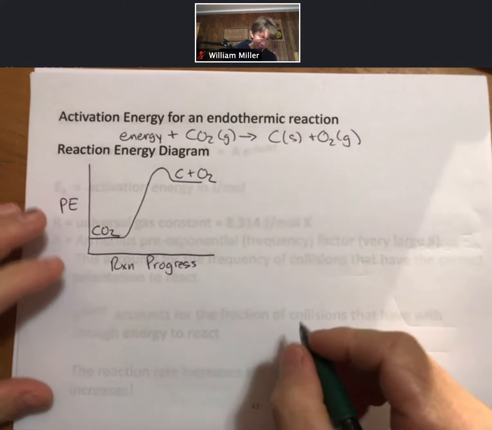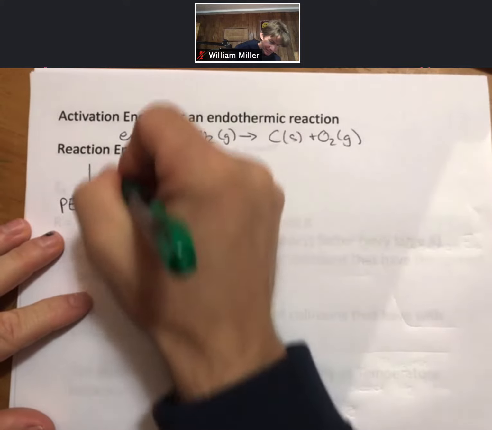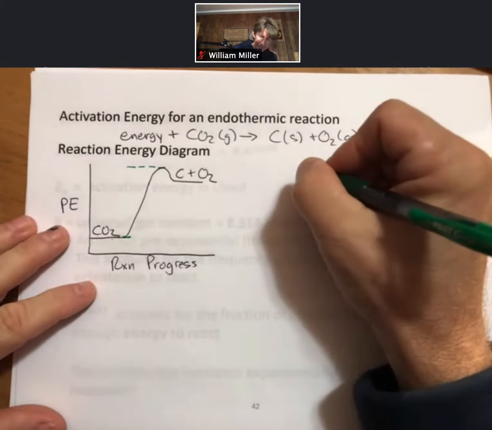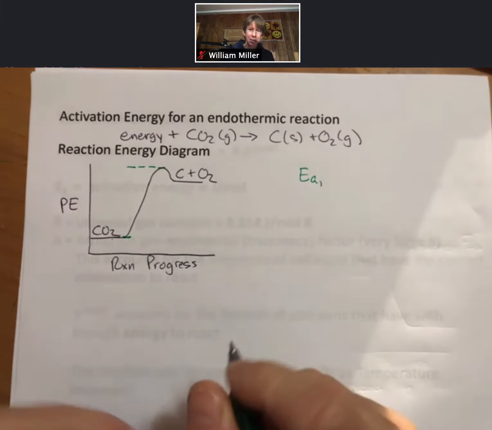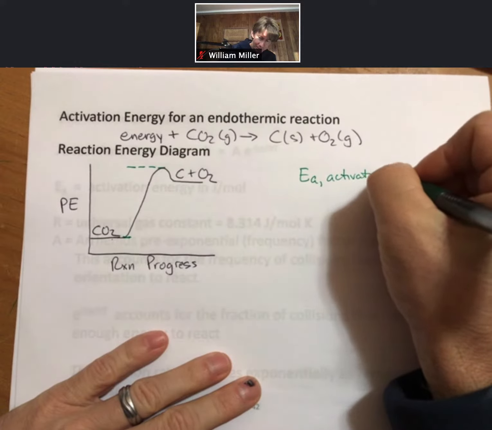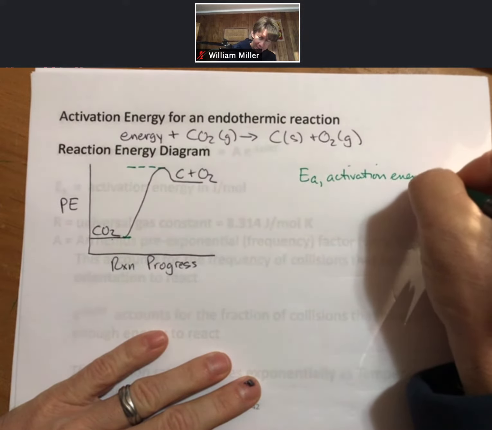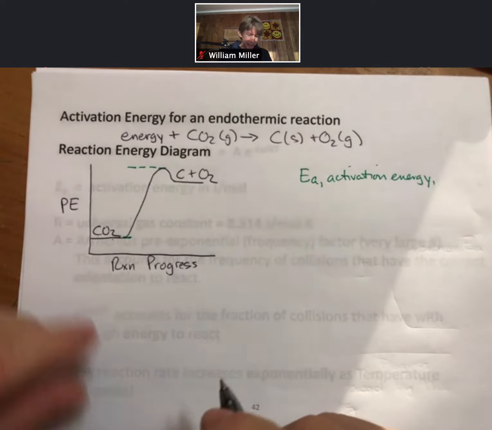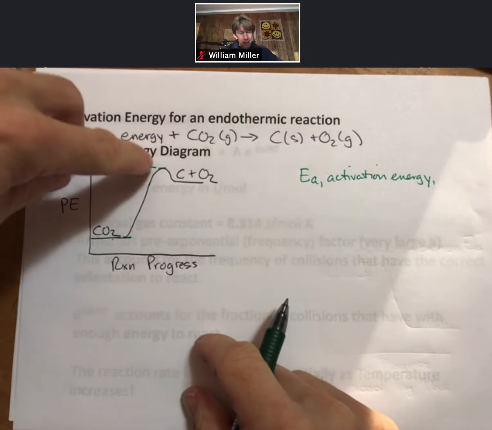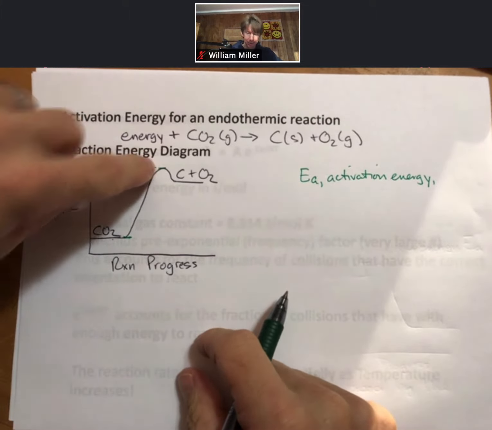So the activation energy, E sub A, is defined as the difference in energy between the reactants and the top of the hump.